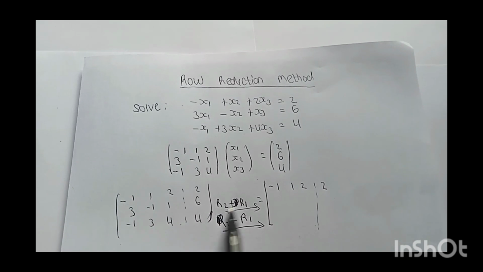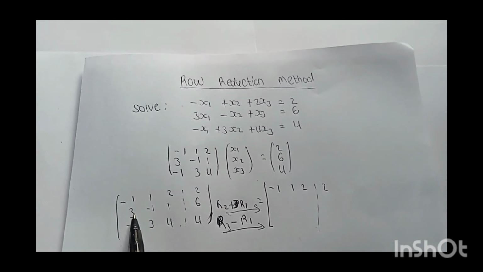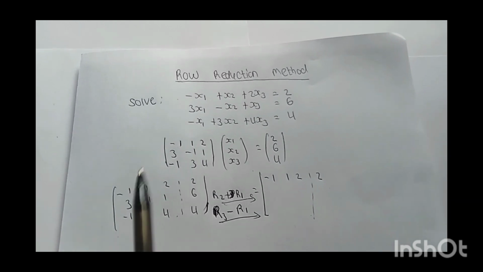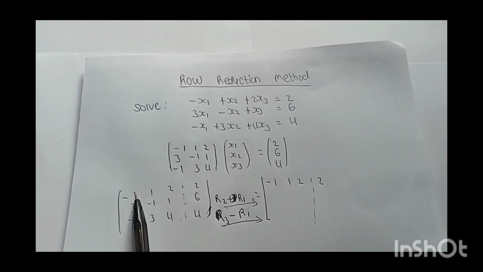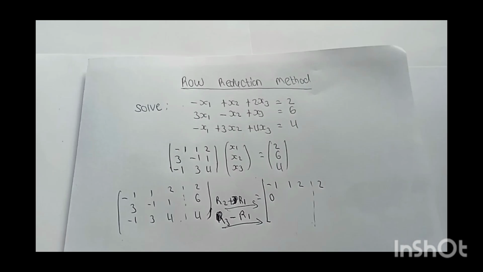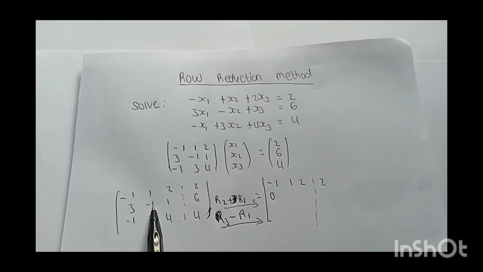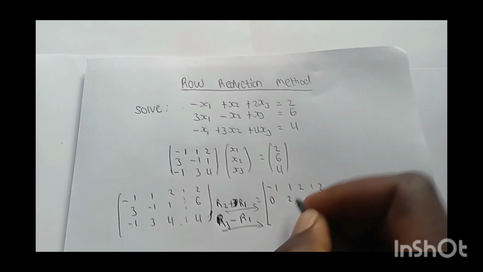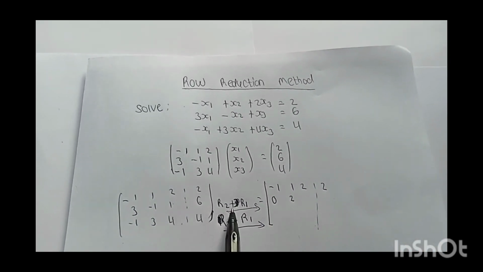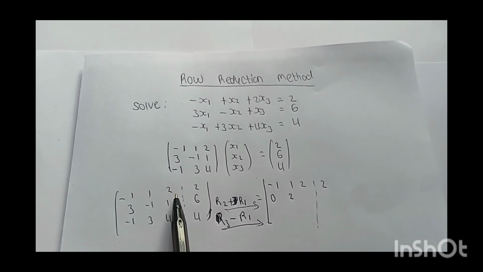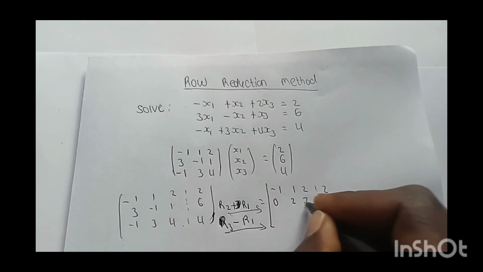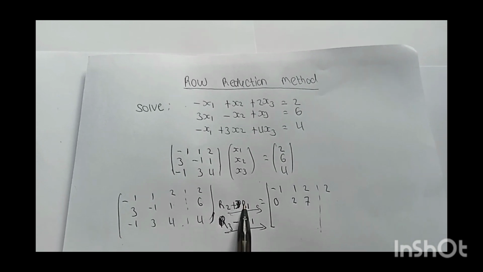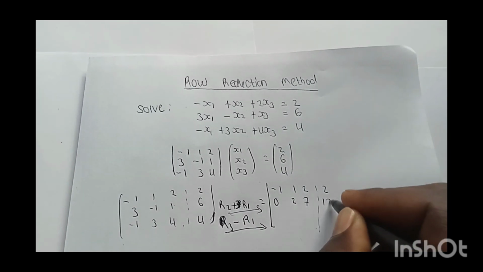So our new row 2 will be taking row 2 plus 3 row 1. So we'll have 3 plus -3, it will be 0, and then -1 plus 3, it will be 2, and then we have 1 plus 6, it will be 7, and then we have 6 plus 6, it will be 12.